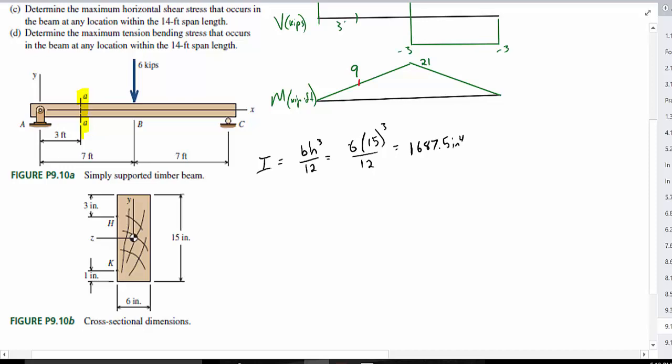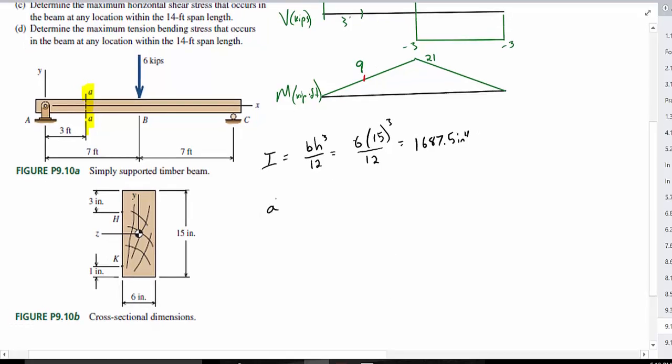Okay, and so for the first part, part A, it asks for the shear stress at point H. So point H is right here, and that's 3 inches from our upper point.